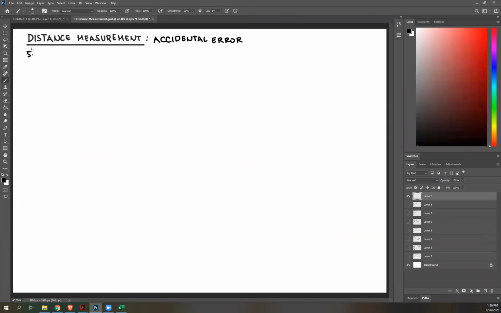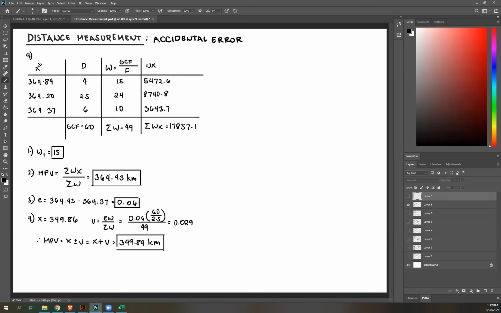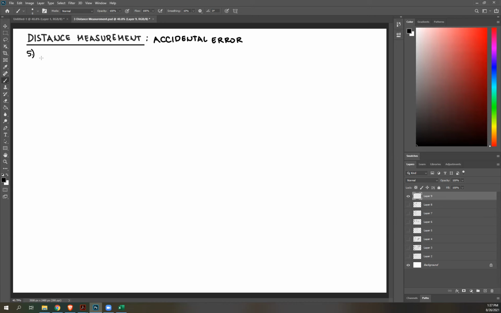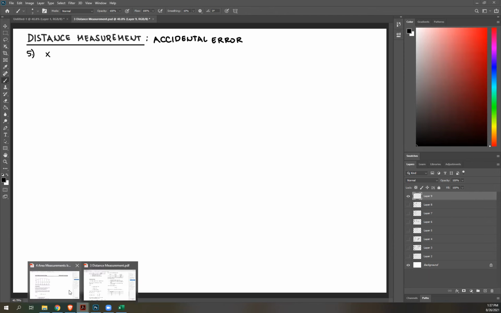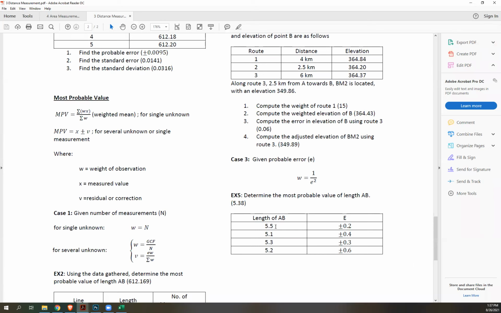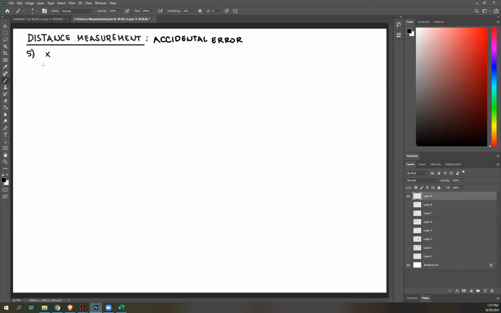So number 5. So let's first write out our X, and X is the measurement, and that is this one. So 5.5132. Next, let's also include the error.